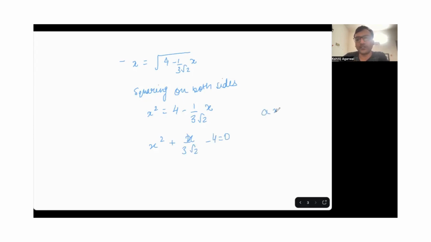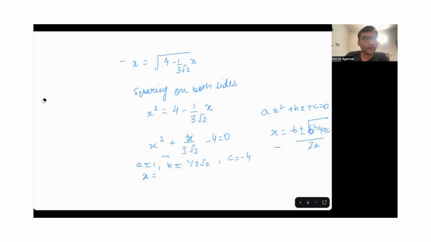Now we know that if we have a quadratic like this, the zeros of this quadratic are given by minus b plus minus under root of b square minus 4ac upon 2a. Applying the same formula here, a is 1 in this case, b is 1 upon 3 root 2, and c is minus 4.